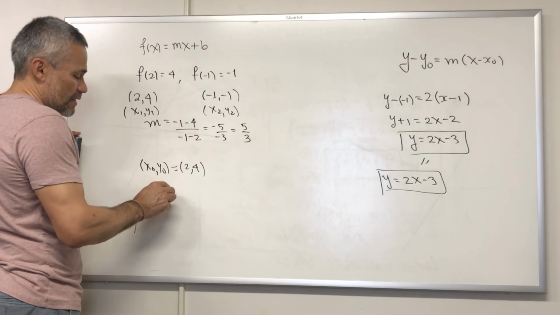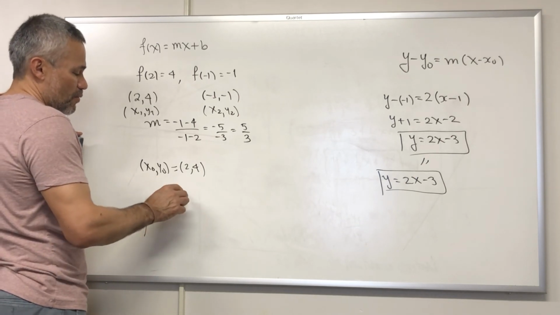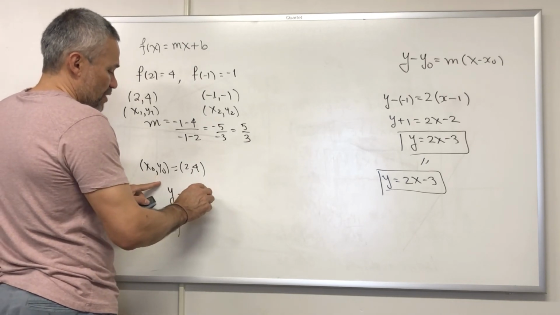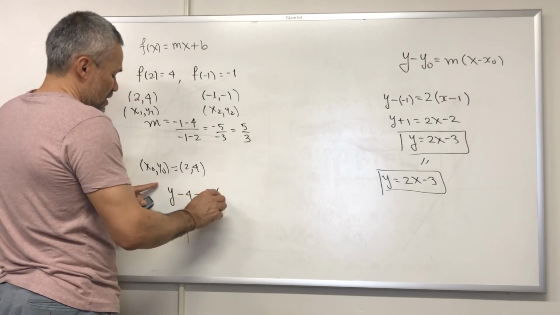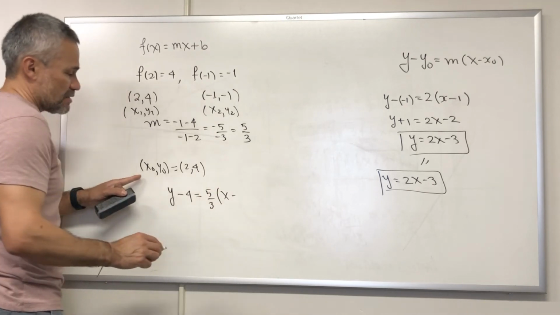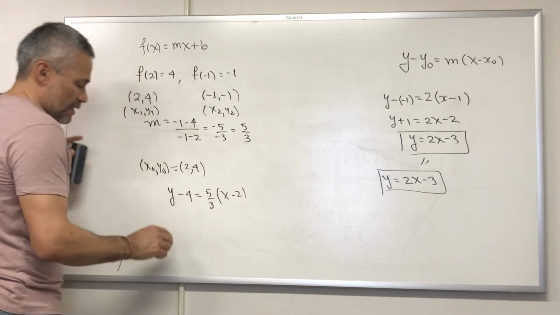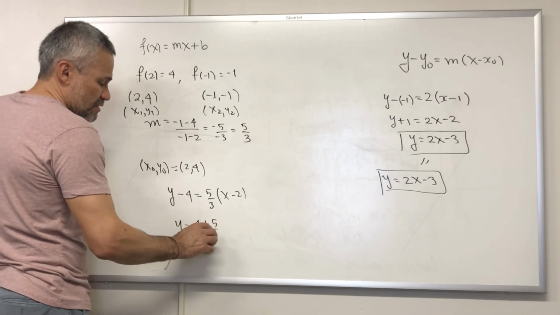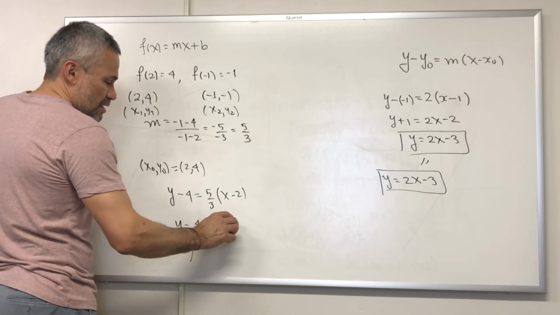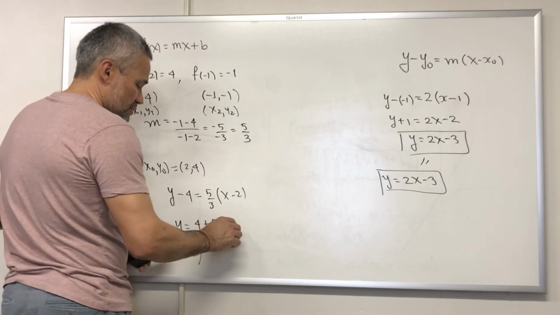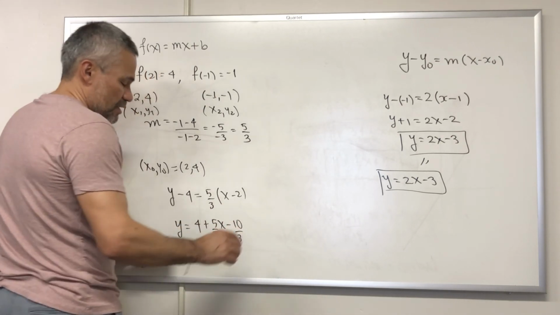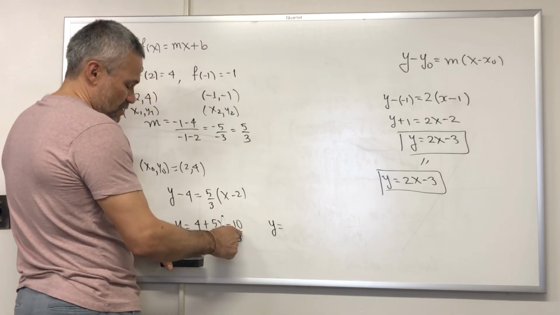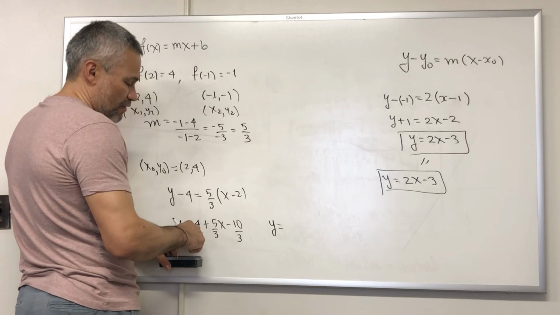Then in this case, we get that y minus y sub 0, y minus 4 is equal to m times, 5/3 times x minus 2. And that means that y is equal to 4 plus 5/3 of x minus 10/3. And therefore, y is equal to 4 minus 10/3. 4 is 12/3.